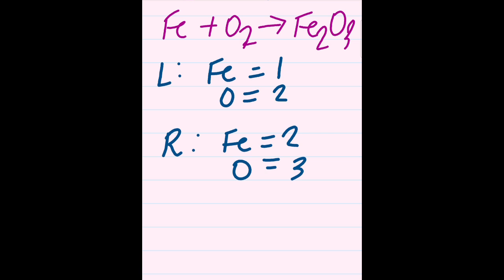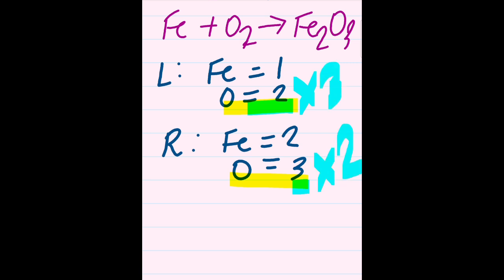But we are starting with the oxygen first, because if you balance oxygen first, then the balancing for the rest of the elements will become easier. As we can see, the number here is 2 and this is 3. So if we multiply this by 3 and this by 2, both will become equal.